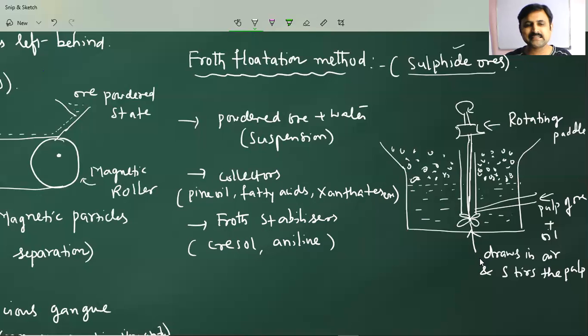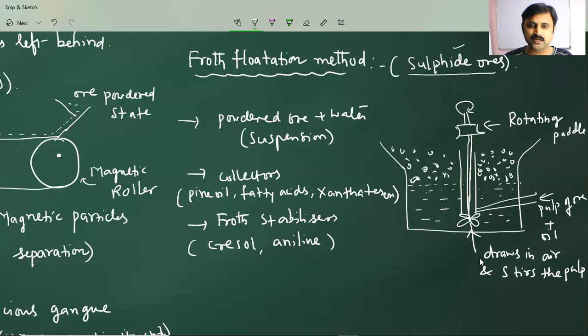So two things are there here: non-wettability of the mineral particles, and stabilizers, which are added to stabilize the froth. When you add the collectors, the mineral particles are not going along with the water. And another one, froth stabilizers.